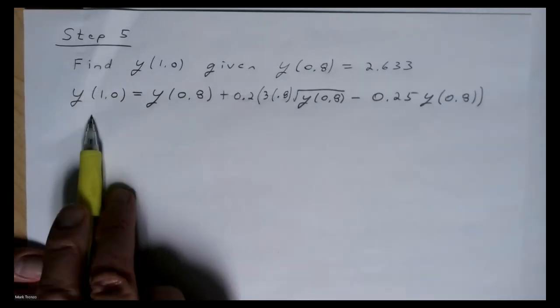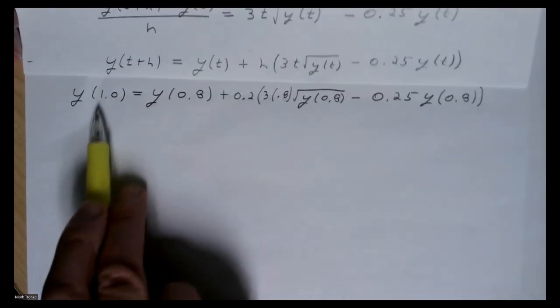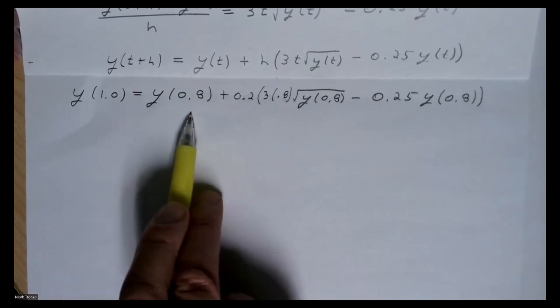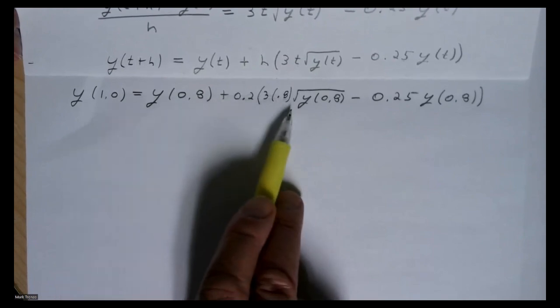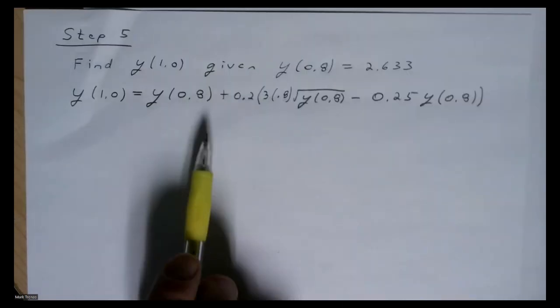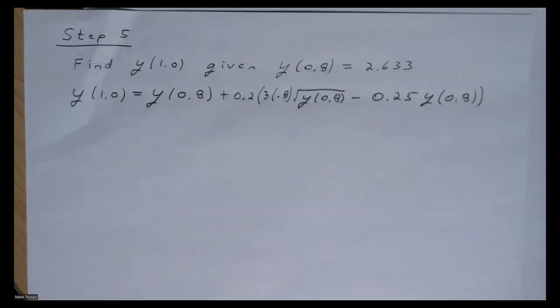So for step 5, we're doing the same stuff. Left-hand side is 1 increment higher than before. Right-hand side is the previous increment. Everything's at 0.8. Left-hand side at 1.0. Now substitute the values. Again, we found 0.8 a few seconds ago.